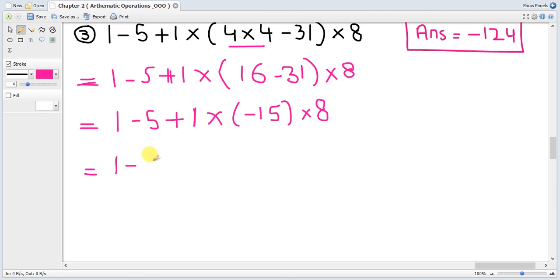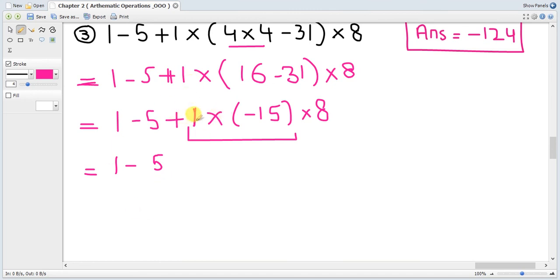So 1 minus 5. Now we are going to solve either these two terms first or these two terms first. It is up to you. You'll get the same result, right? So let's just solve these two terms together, since this is minus, plus and multiplication. According to the sequence, we should solve multiplication first.